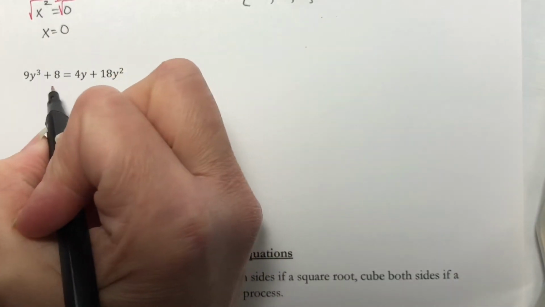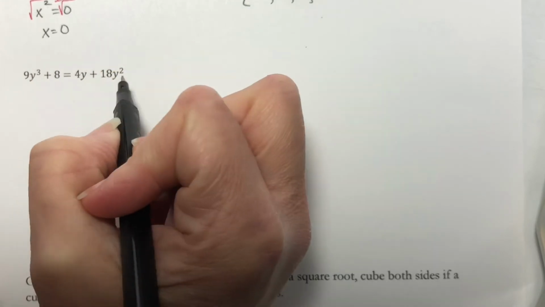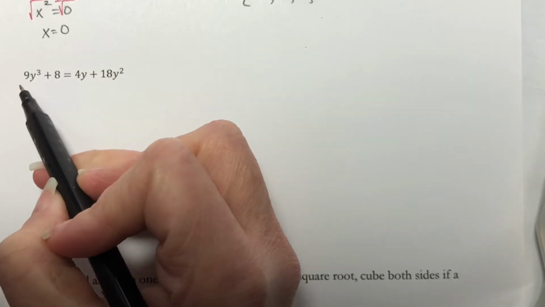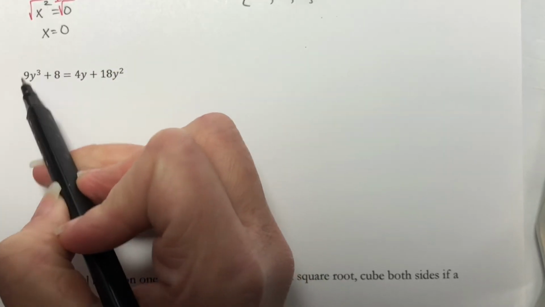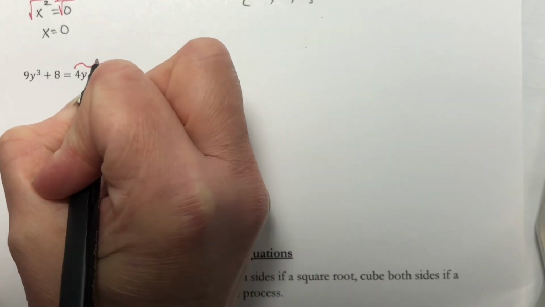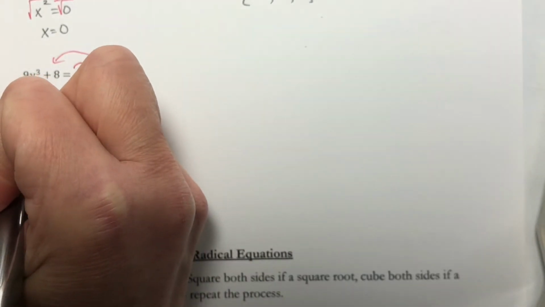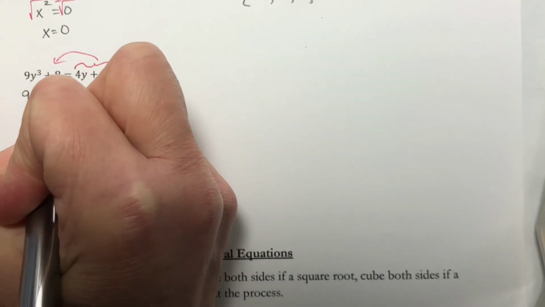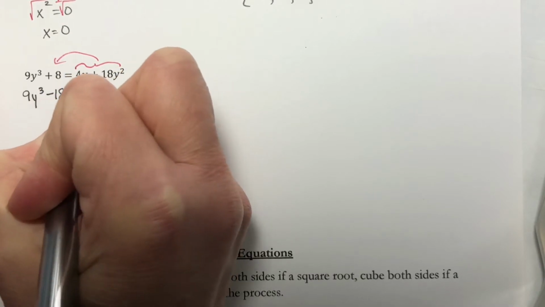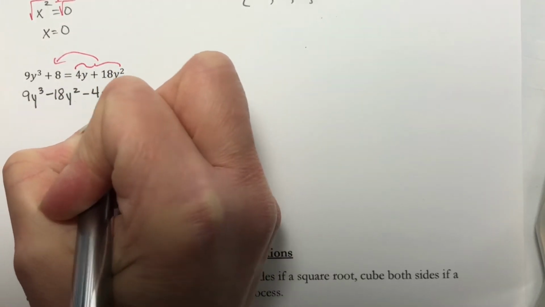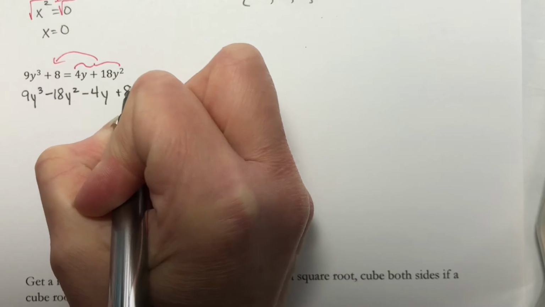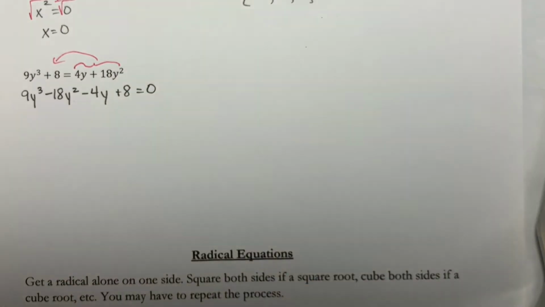So I want a 0, and it's always easier if the coefficient for your largest exponent is a positive. So I want to keep that a positive 9. So I'm going to move each of these over to this side, and that will give me 9y cubed minus 18y squared minus 4y plus 8 is equal to 0.